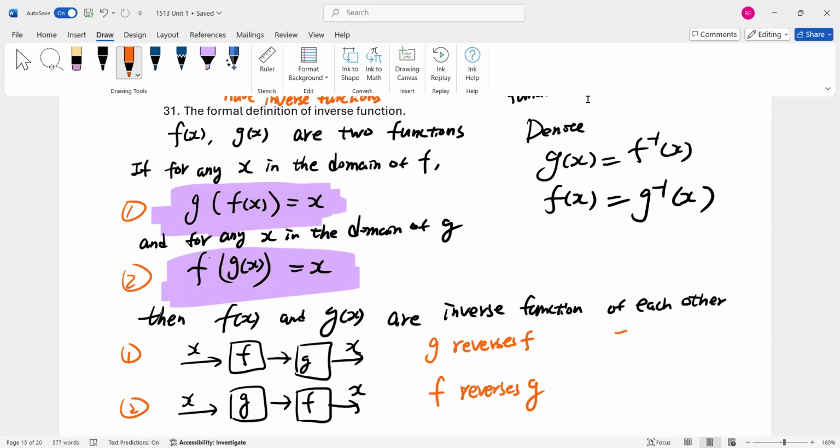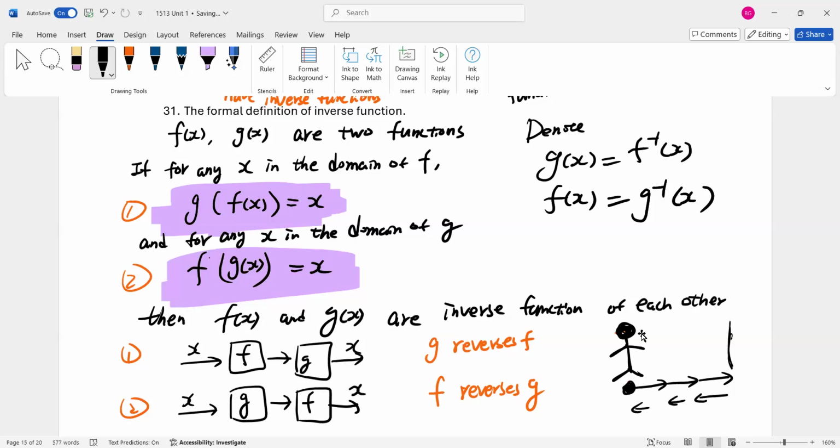For example, this is you, okay? This is you standing here. If you go to the right 3 steps, you'll be here, right? So how do you go back to the original spot? Then you go to the left 3 steps, right?